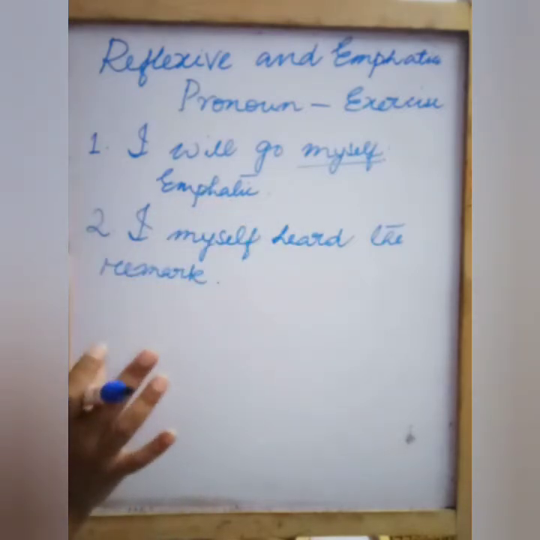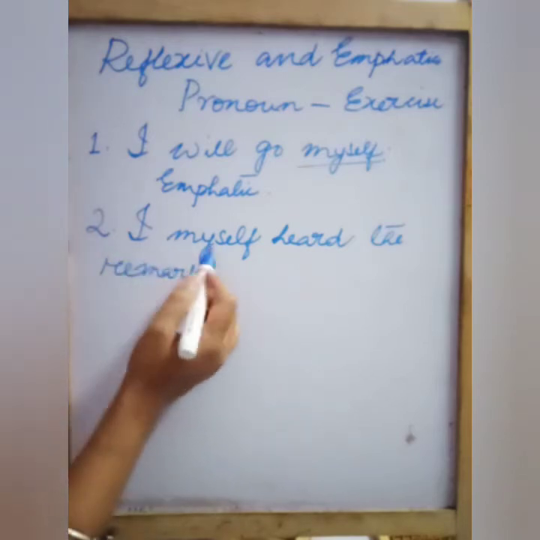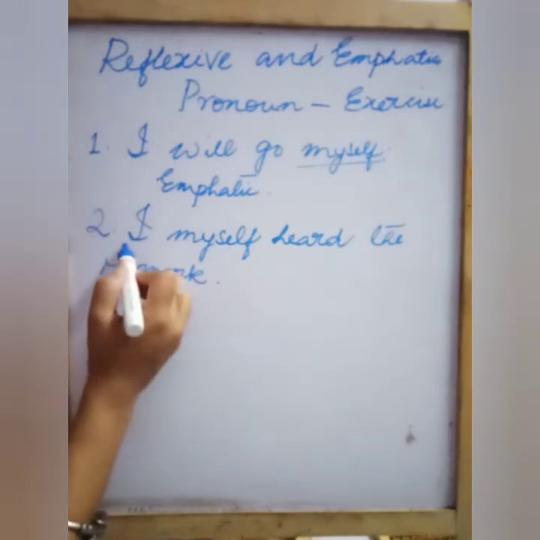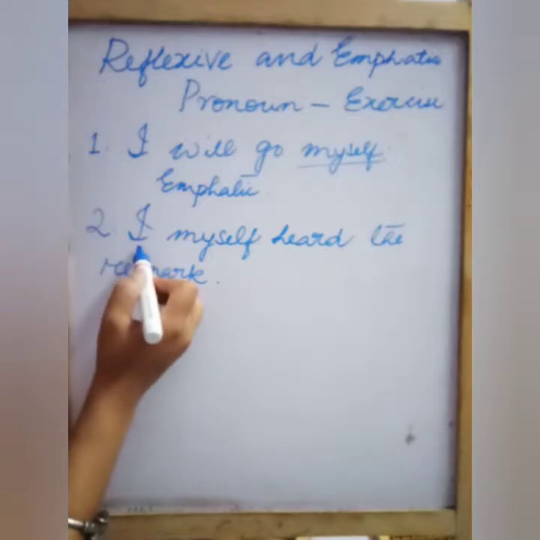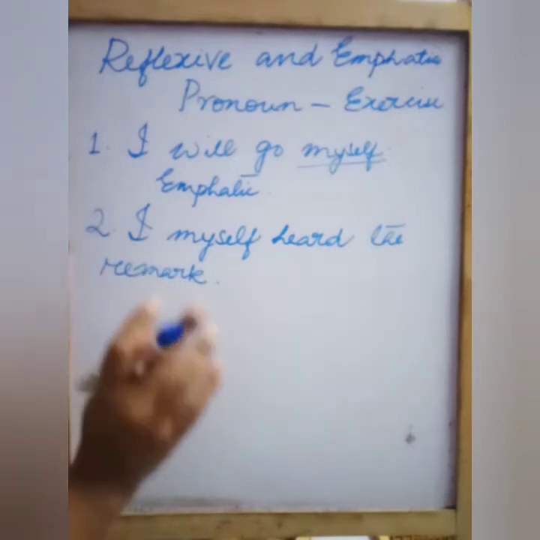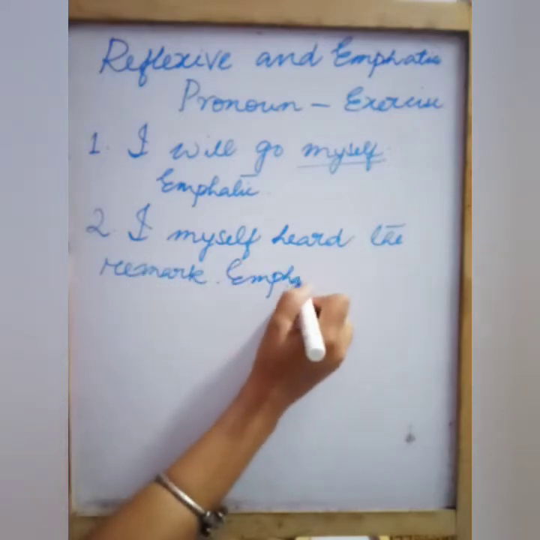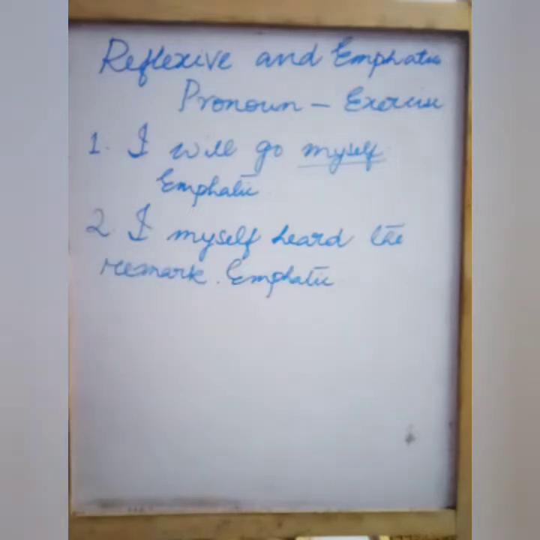Makes sense, right? I heard the remark. Here I am not emphasizing myself. I am not emphasizing the pronoun I, isn't it? So without emphasizing also I can write I heard the remark. So it makes sense. So it is emphatic. Fine. Okay, let's proceed.